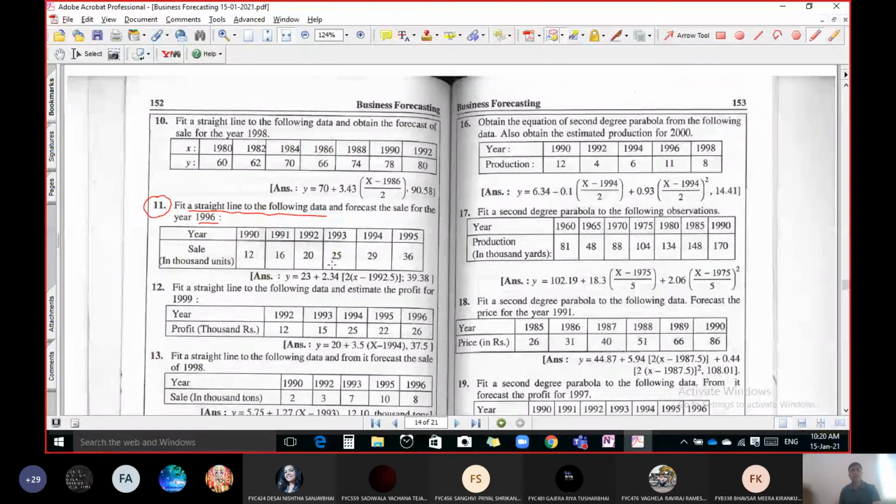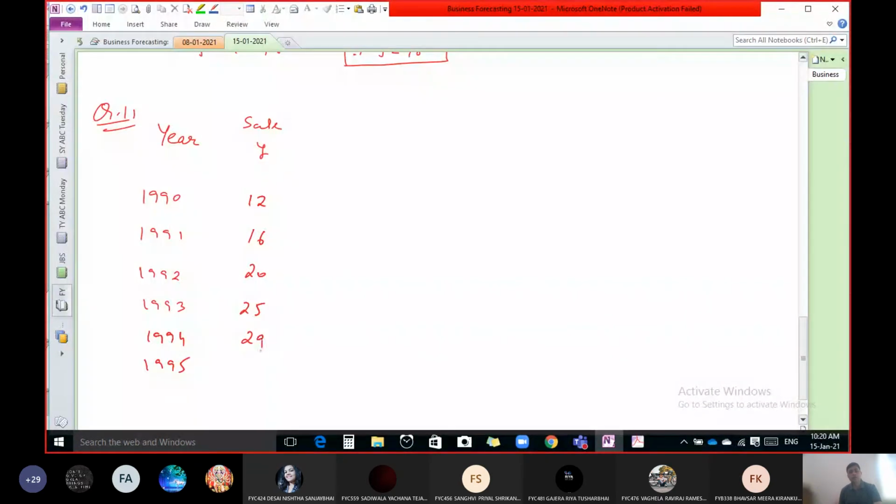Now see, can you tell me, because the years are equidistant, you can assume x in such a way that the total of x becomes 0. So can you tell me what we have to subtract here? Year minus what we have to do? Which year we have to subtract here?